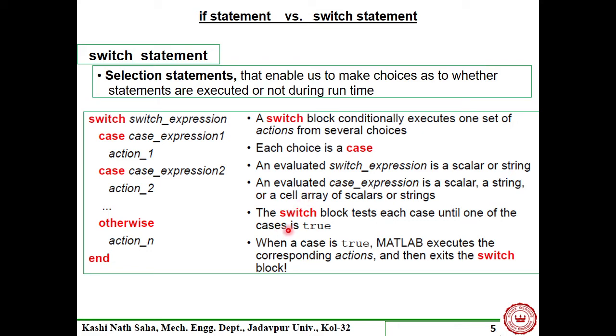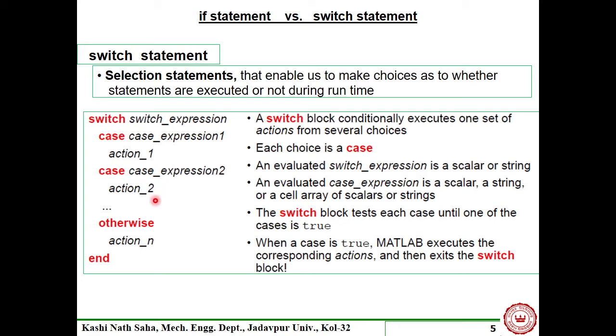Now, what is the switch block test? Each case until one of the cases is true. That means under a switch statement, there can be any number of actions. Say, for example, switch, and this expression might be something which can be anything from 1 to 12. And let us say if case 1, then we'll assign month equal to January.